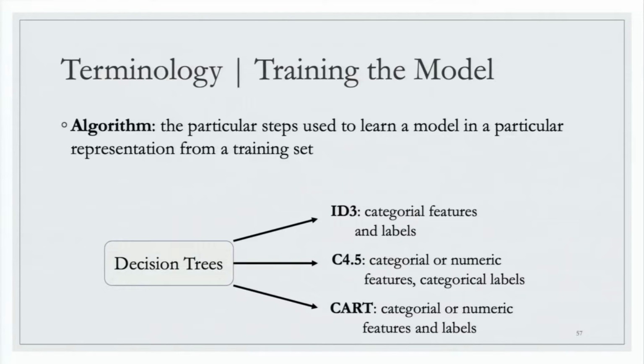And CART is the one that we see most often. So in R, in Python, elsewhere, CART is the actual algorithm that's implemented. The key takeaway here is there's a difference between the type of model we're using, the representation, and the algorithm used to create that. And there's lots of options within representations that give us different learned models. So let's talk about CART.